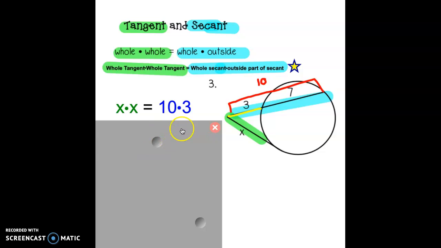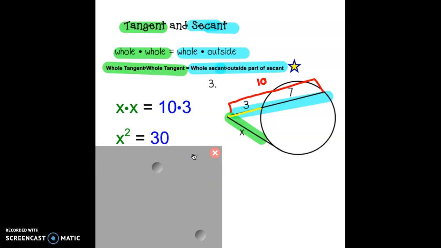Alright, then we go through and x times x is x squared. 10 times 3 is 30. So that's the next line of our equation. The next question I have for you is, how do you undo squaring a number? What is the inverse of squaring a number?